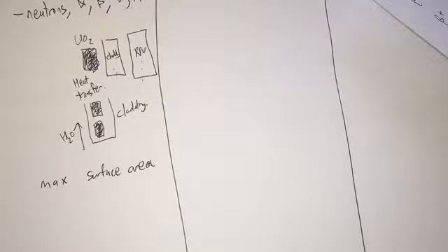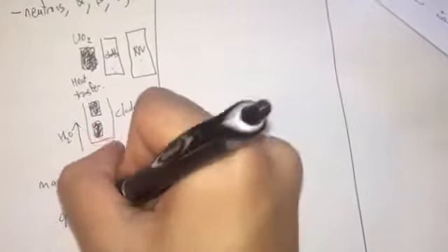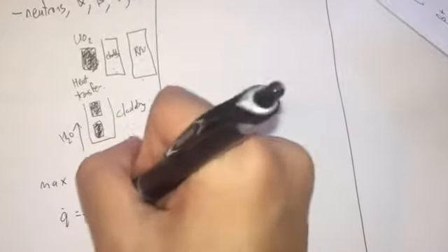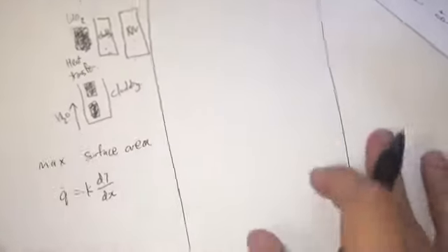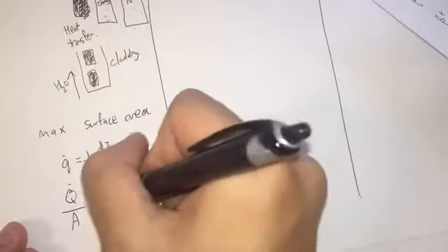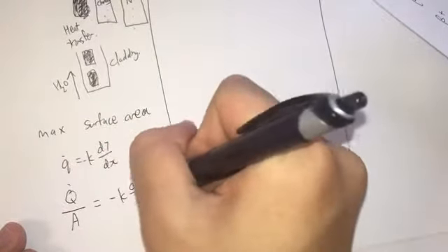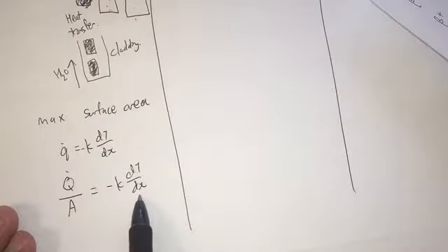From Fourier's law of conduction, q = -k dT/dx. This is the one-dimensional form of Fourier's law of conduction. You can see the heat flux, which is the heat transfer rate over area, equals minus k dT/dx. Here k is the conductivity, dT/dx is the temperature gradient, and this is the area.